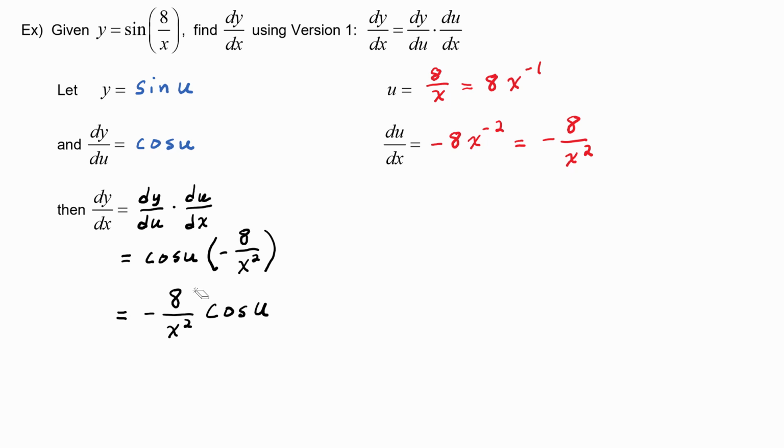Now, ultimately, our function was written in terms of x, so we want to substitute for the u variable back to the x variable. So this is going to be equal to negative 8 over x squared times the cosine of 8 over x.